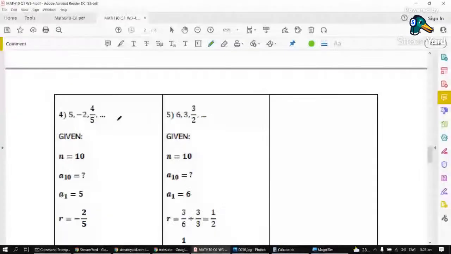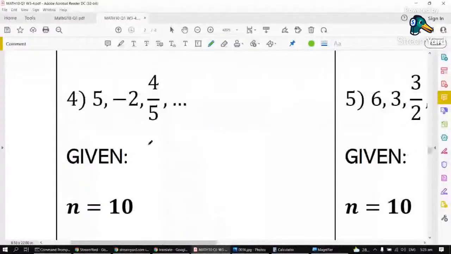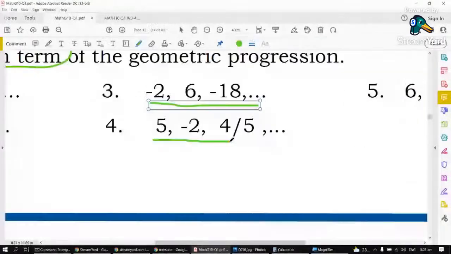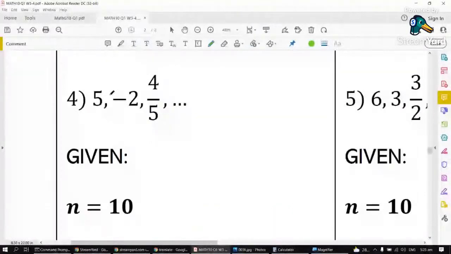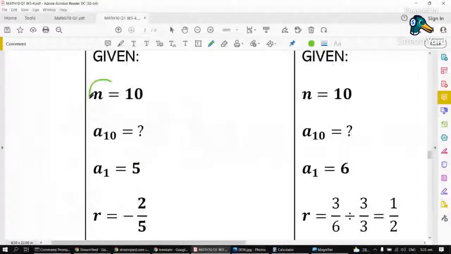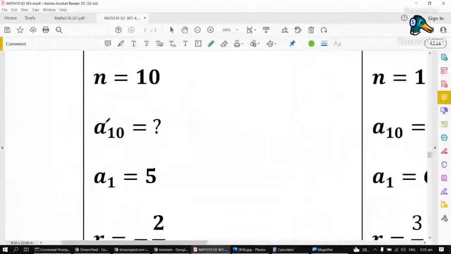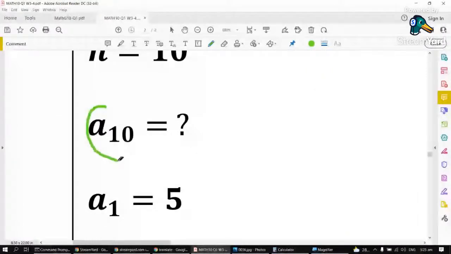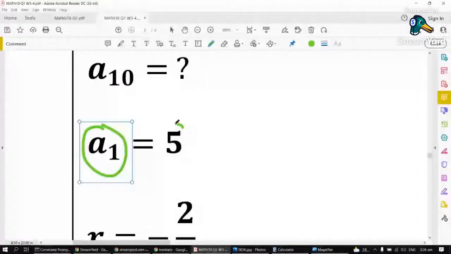Number 4. 5, negative 2, 4 over 5. So, ang ating given ulit is n is equal to 10 dahil pansampung term ang hinahanap natin. Ang a sub 10 natin ay hindi natin alam. Ang ating first term is 5.